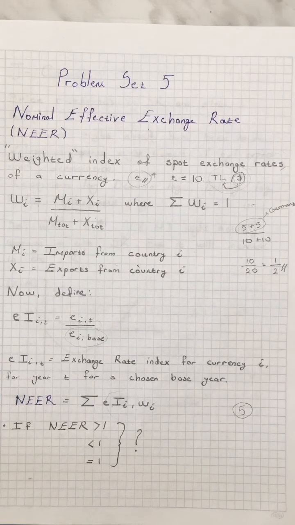So if our currency is depreciating against the euro, that will affect us more, because we have a lot of trade agreements with Europe and a lot of exports. But if the Turkish lira depreciates against, let's say, an African country's currency, that might not affect us that much, because we don't have any international trade with them.